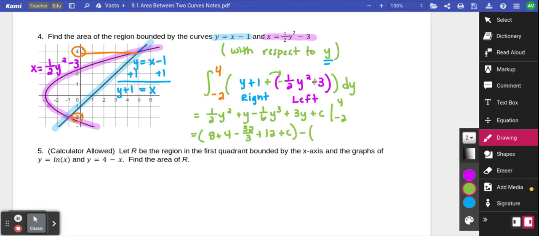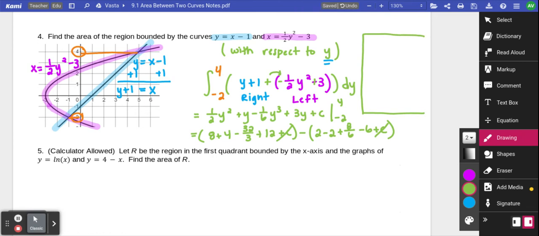Minus, if I plug in -2, I get -2 squared, which is 4, divided by 2, which is 2. Minus y is 2. -2 cubed is -8, times -1/6 is +8/6, minus 6 plus c. These c's cancel. I'm going to finish up my work on the side over here.